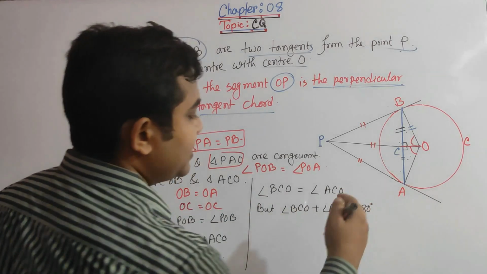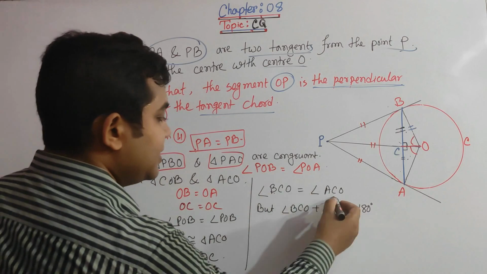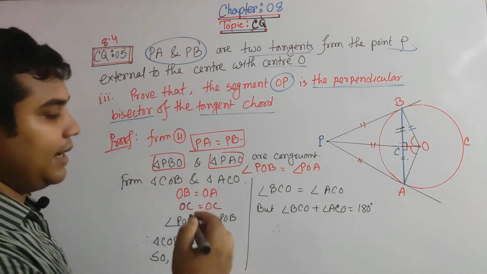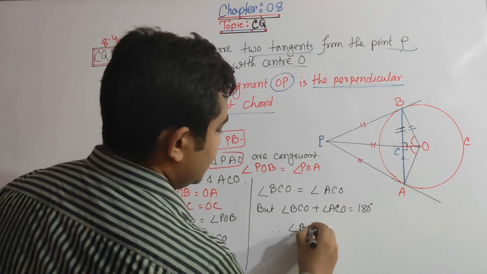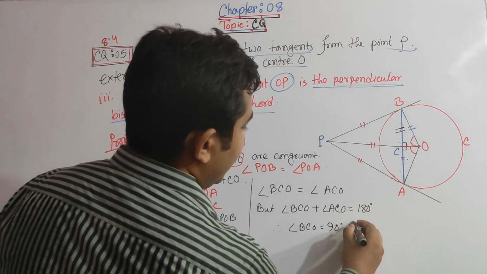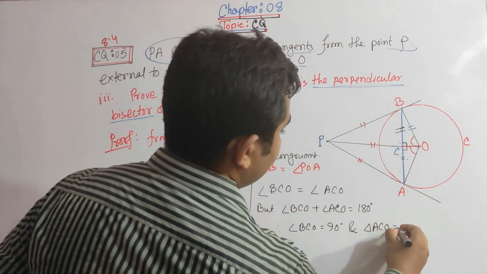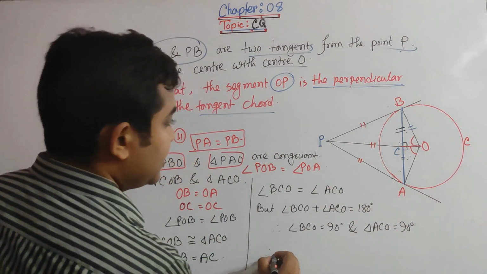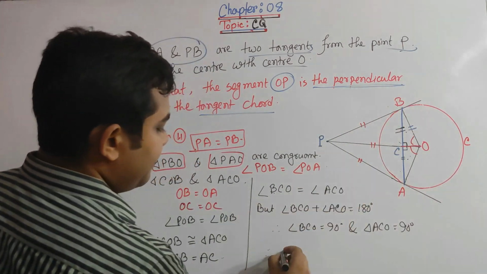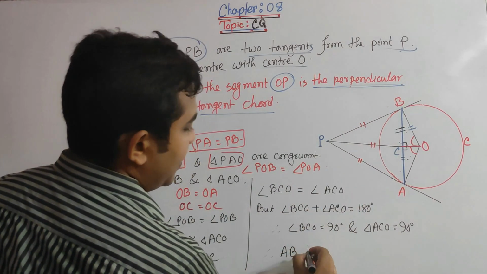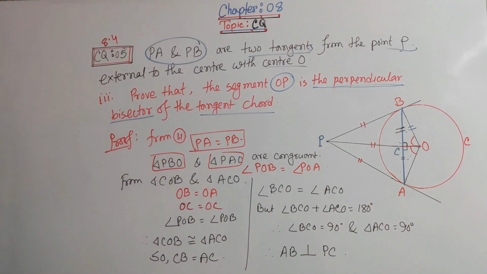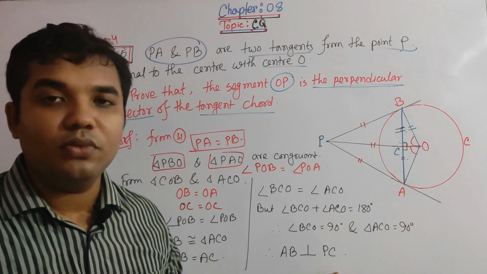Since these two are equal, they are nothing but 90 degrees. So BCO equals 90 degrees and ACO is also 90 degrees. Since these two are 90 degrees, AB is perpendicular to BC. That is what we wanted to prove.